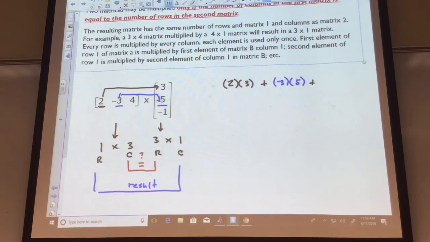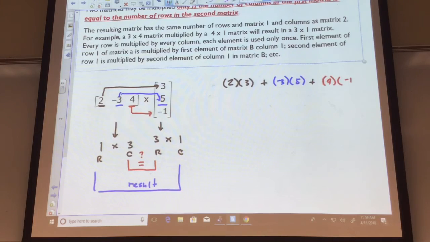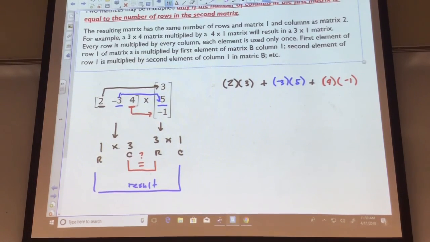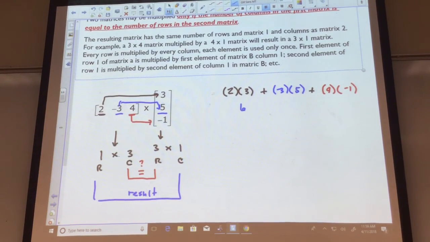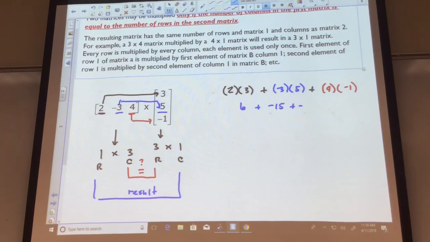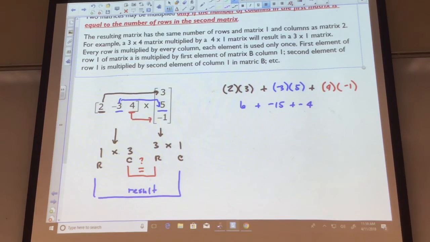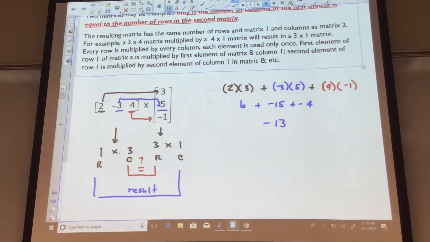And that is added to the third element by the third element, 4 being multiplied by a negative 1. So that means that we will have 6 added to a negative 15, added to a negative 4, which will leave us with a negative 13 as a result. Our matrix is going to have a final result of a negative 13.